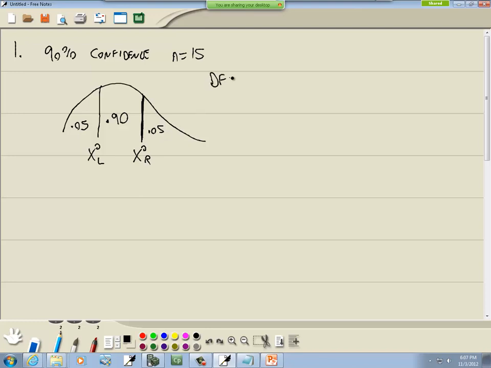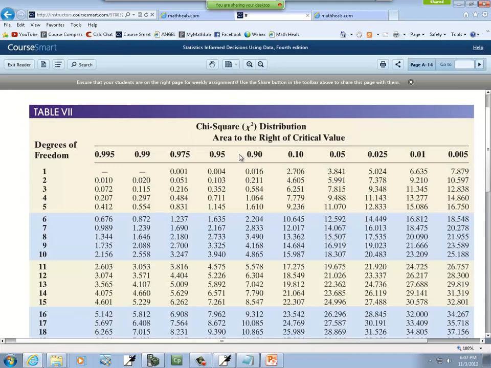We need our degree of freedom, which is n minus 1, which is 15 minus 1 or 14. Should have had that ready. Okay, so we're finding this one. The area to the right is 0.05 and it's 14. Degree of freedom is over here on the left side. 0.05 is this column.